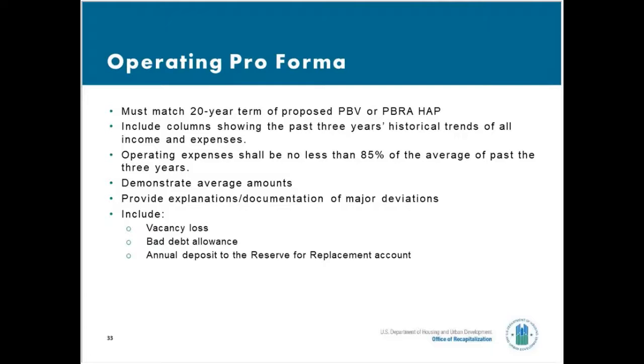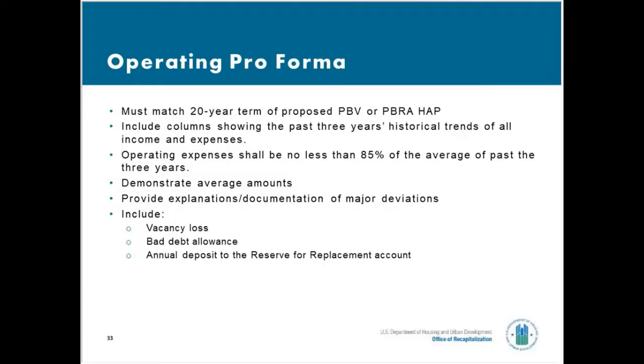You want to show that you have reserves on hand to meet any capital needs expenses in the future in your operating pro forma. And we would like to see at least $450 per unit per year for the operating reserve account.